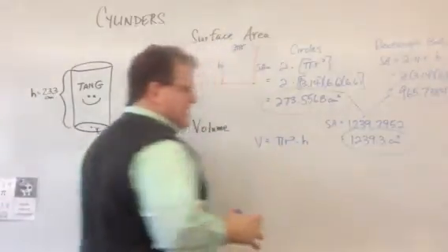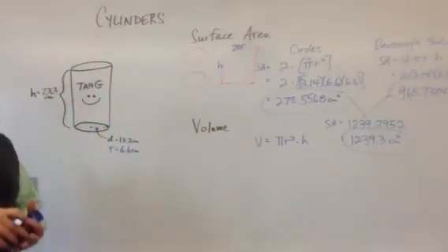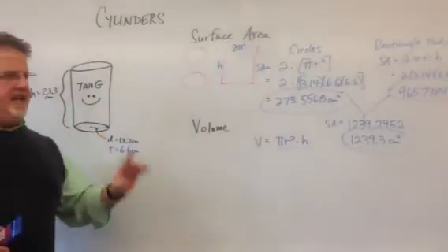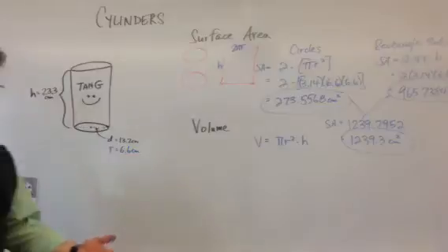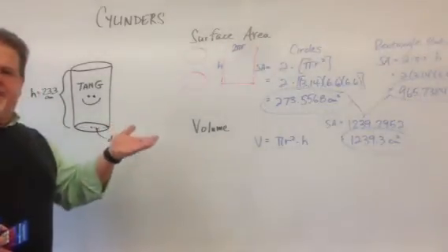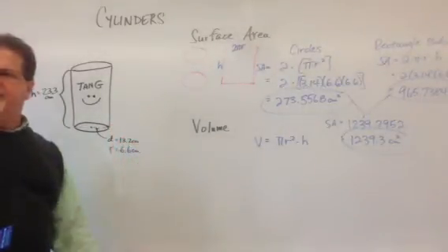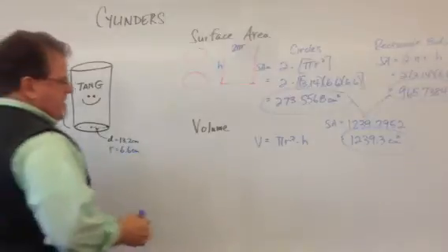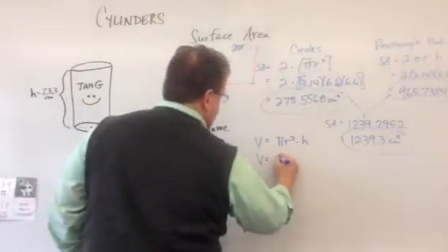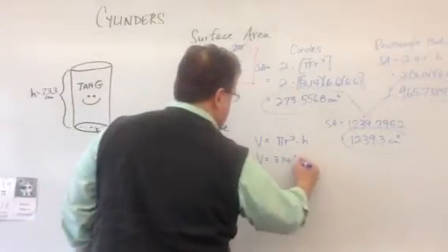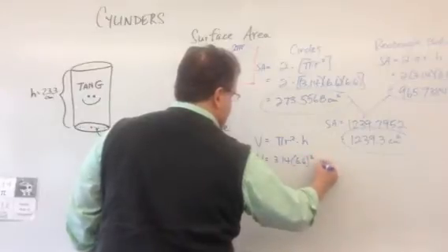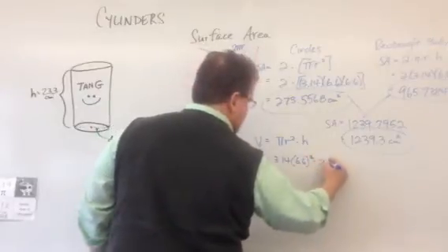It's just like those cases of blank CDs that you can buy. If each CD is paper thin and you stack them one on top of another, then you would get the height. So the volume here is going to be equal to 3.14 times 6.6 squared times the height of 23.3.